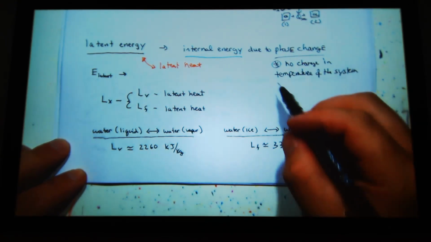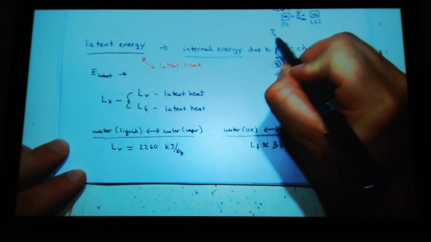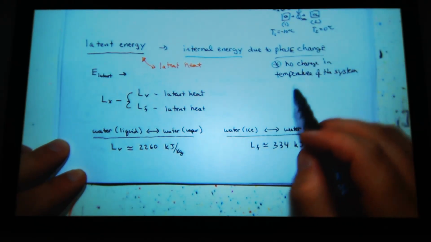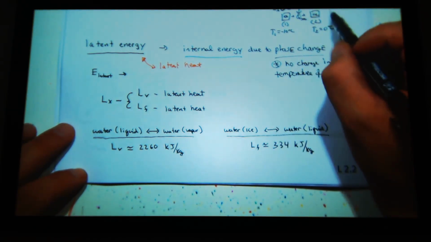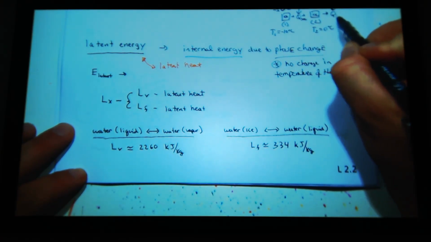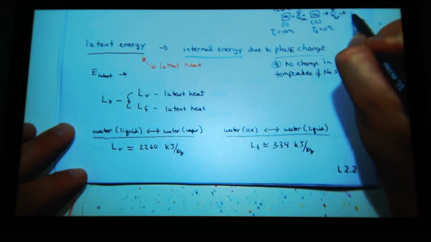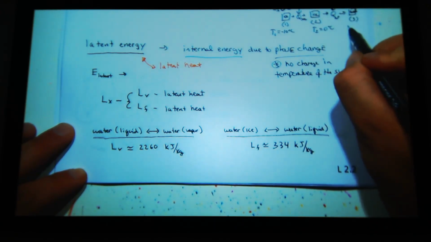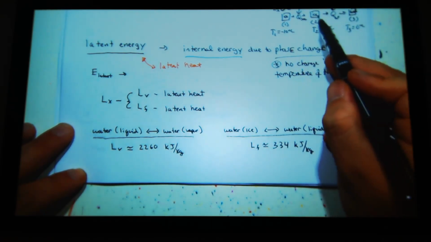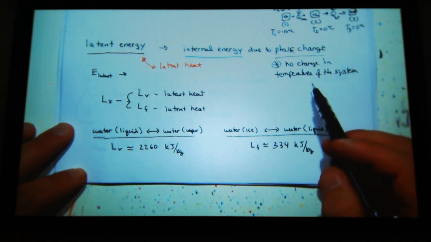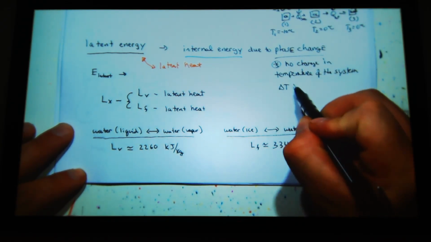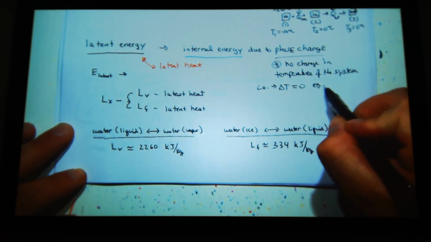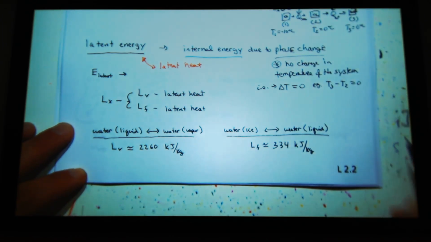If I look at the temperature between two states, I can put T1 is equal to minus 10 degrees C, and T2 is equal to 0 degrees C. But if I add some more heat, and I'll call this latent, LAT, now I have water at 0 degrees C. This is state 3, and I have T3 equals 0 degrees C. Here I have all solid water molecules, here I have liquid molecules, and so this part, delta T equals 0. For example, T3 minus T2 is equal to 0.